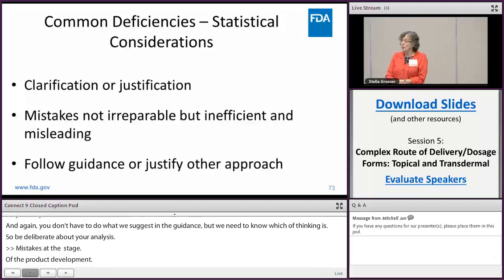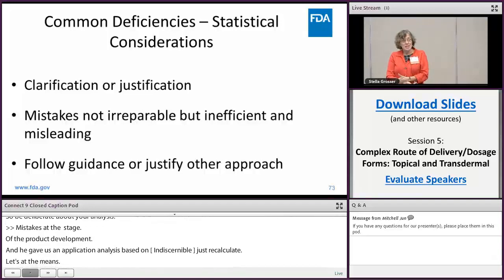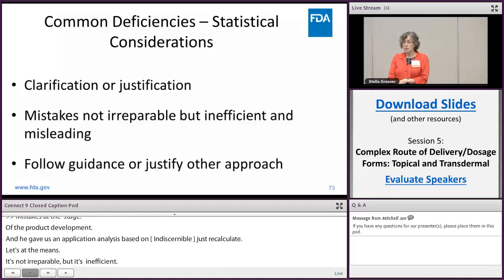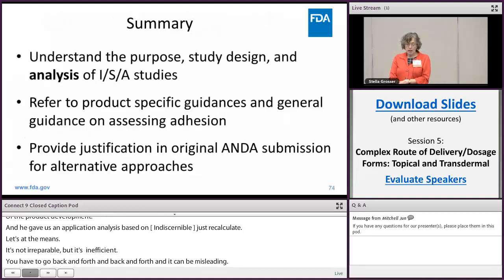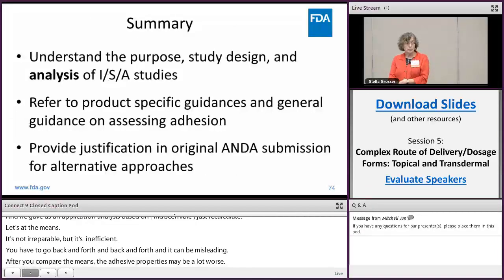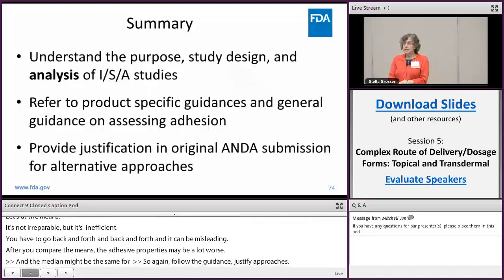Well, after you compare means, the adhesive properties might be a lot worse, but the median might be the same. And so again, follow the guidance, justify other approaches, understand the purposes of these studies, the study designs, the analyses, and communicate.